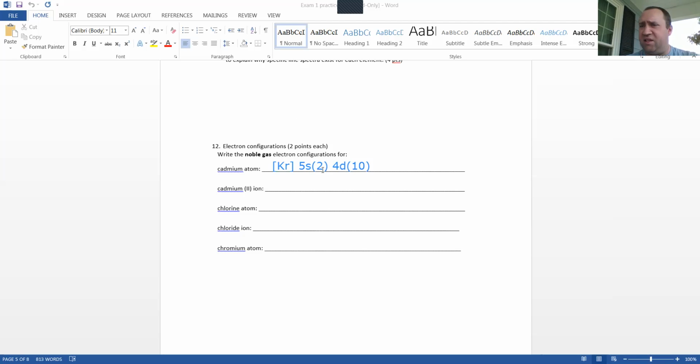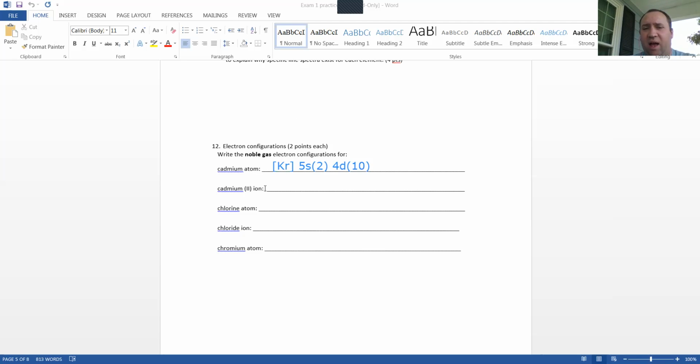Now on the exam tomorrow, you're probably going to be handwriting everything, so that part won't matter. But that's the configuration for the cadmium atom.